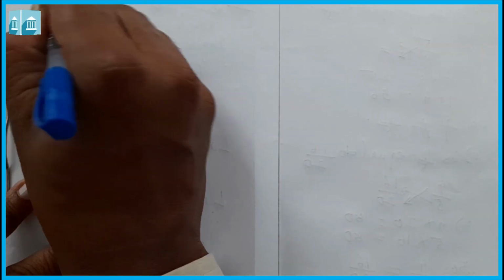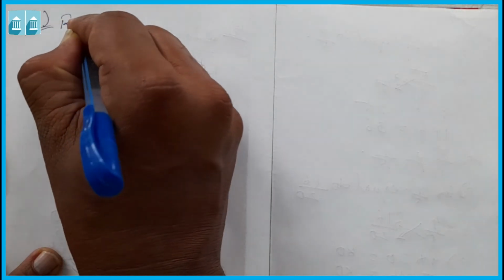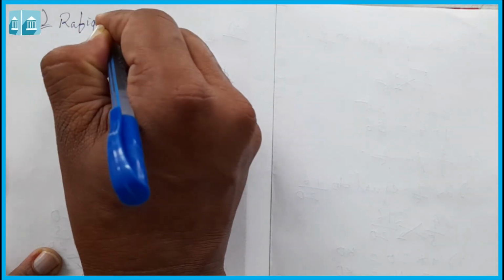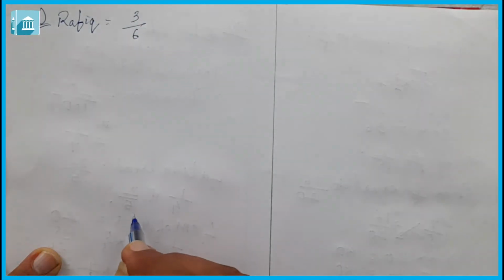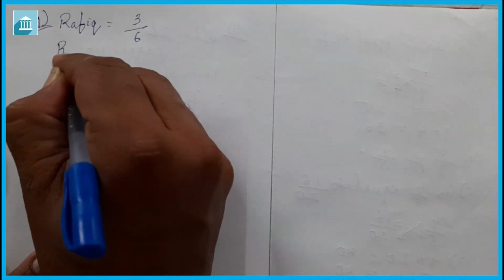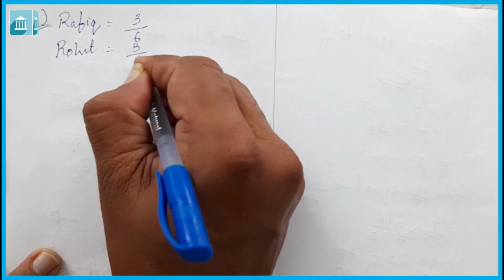Let us see question number 9. Rafiq exercised for 3 by 6 of an hour while Rohit exercised for 3 by 4 of an hour. Who exercised for a longer time? For Rafiq it is 3 by 6, and for Rohit it is 3 by 4.